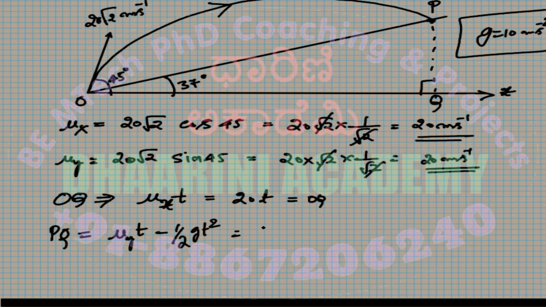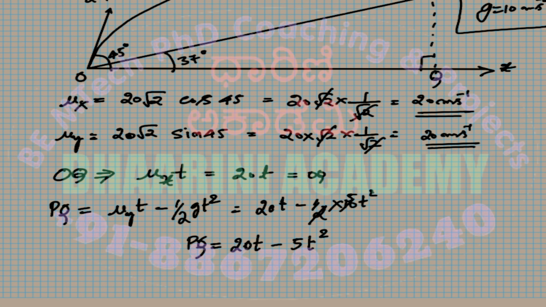So uy is 20t minus half into 10 into t square, so this cancels as 5. So PQ can be written as 20t minus 5t square, assuming that t is the time taken.